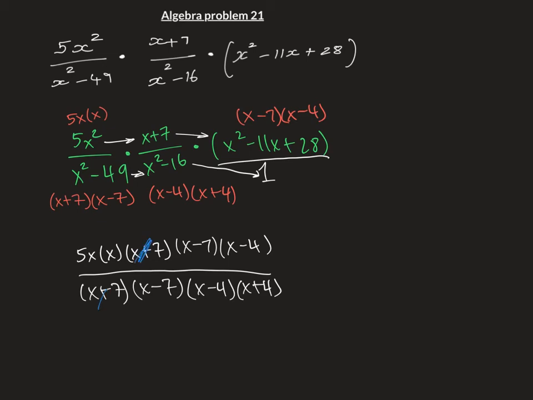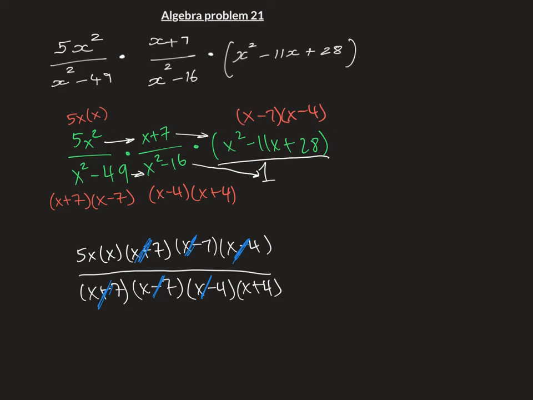So we can cancel the x plus 7 out. Now we have x minus 7 in the numerator. Is that in the denominator? Yes, it is. So we can cancel that out. And then same goes for x minus 4. Does that get canceled out? It will. So now that it got canceled out, we have three remaining segments.